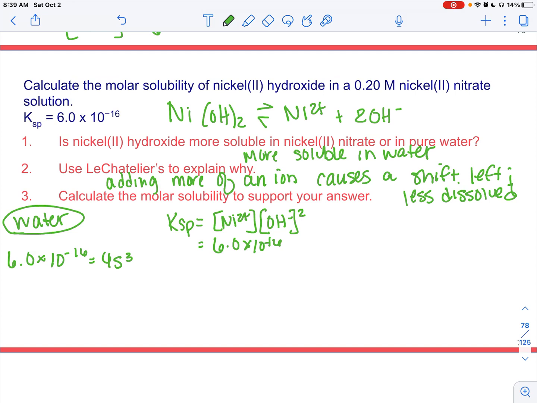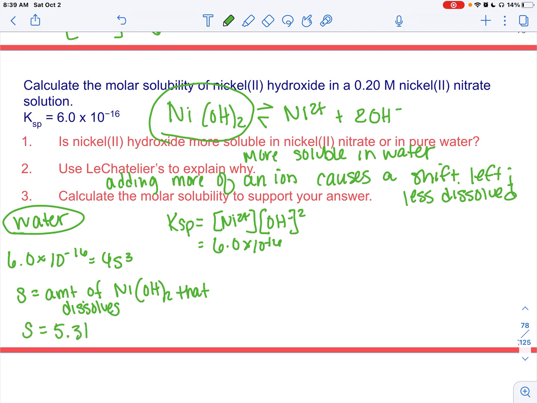So S, remember, is the solubility of this. We've been using it as concentration of the ions in other problems, but when we first started talking about S, we said it's the solubility. It's the amount that can dissolve. So all we have to do here is find S. S is the amount of Ni(OH)2 that dissolves. So again, that is the solubility. So S here in water is this.